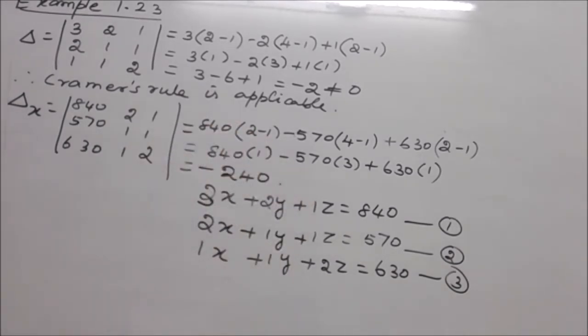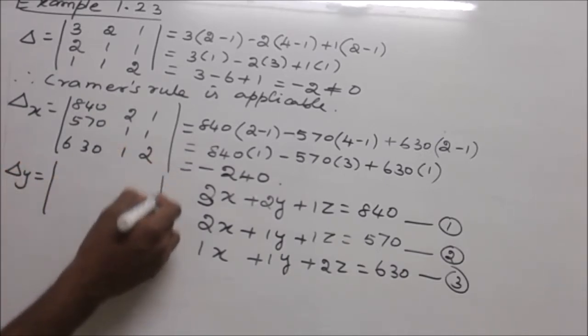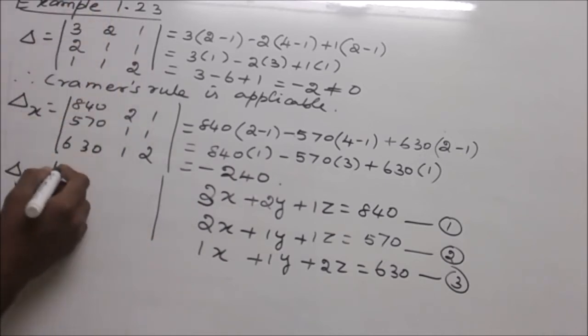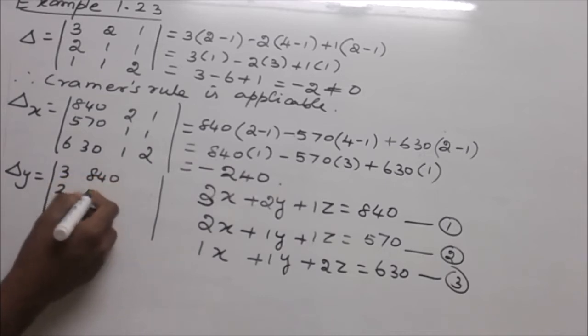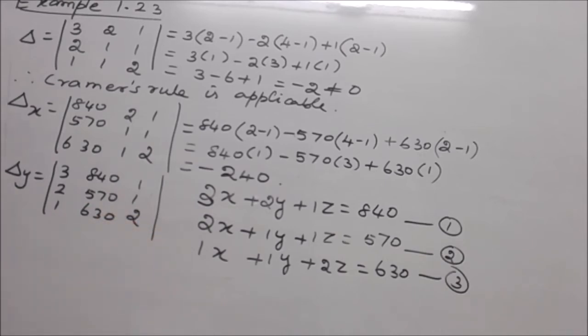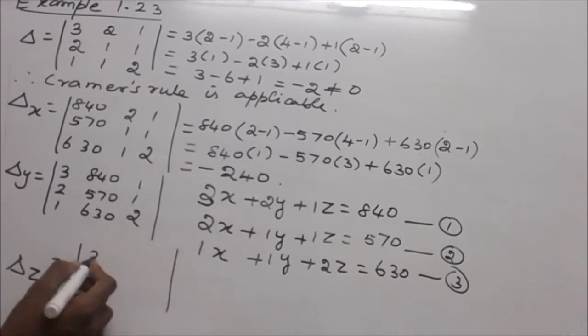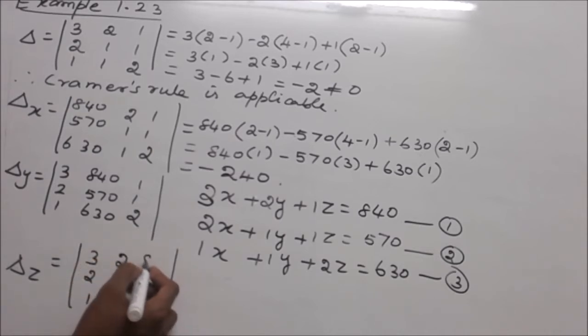So delta x is minus 240. Now delta y: replacing the coefficients of y by the constants, 3, 2, 1 then 840, 570, 630, then 1, 1, 2. And delta z is 3, 2, 1, 2, 1, 1, 840, 570, 630.